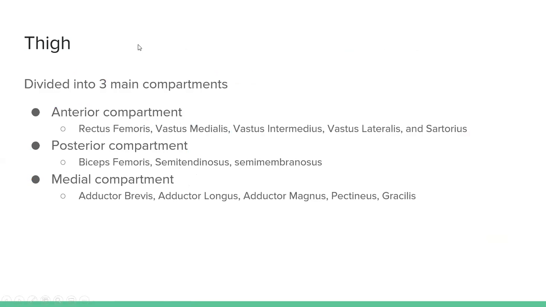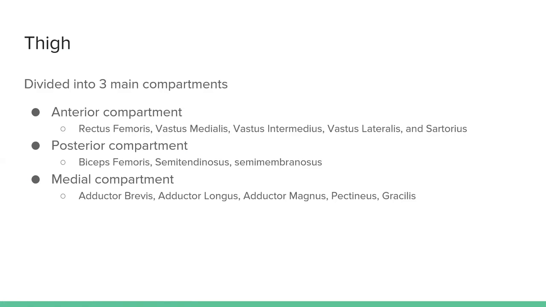And then going into the thigh muscles, it's divided into three main compartments: the anterior compartment, posterior compartment, and medial compartment. The anterior compartment is those quadricep muscles, the rectus femoris, vastus medialis, vastus intermedialis, and vastus lateralis. And then the sartorius that comes right across those.